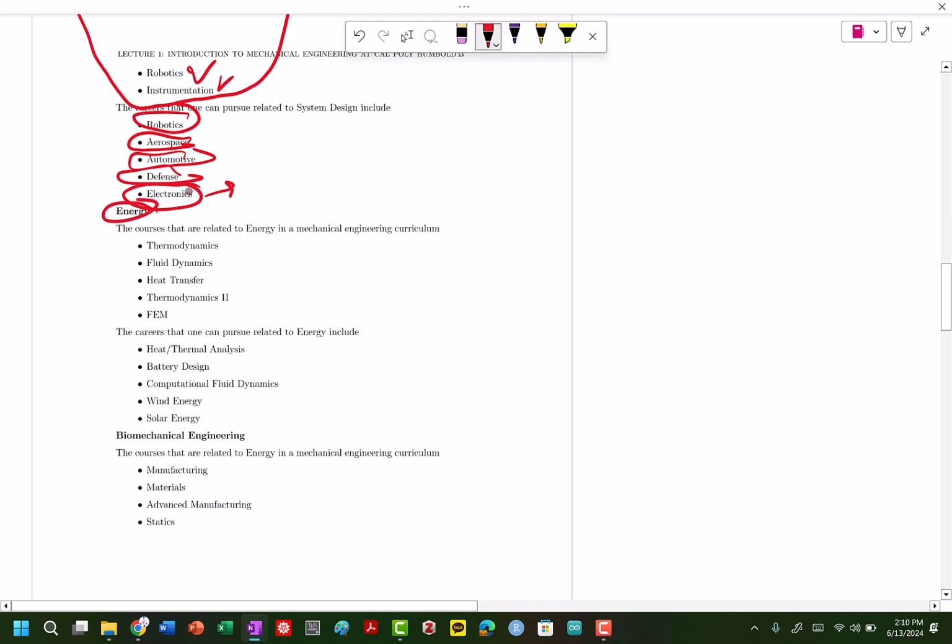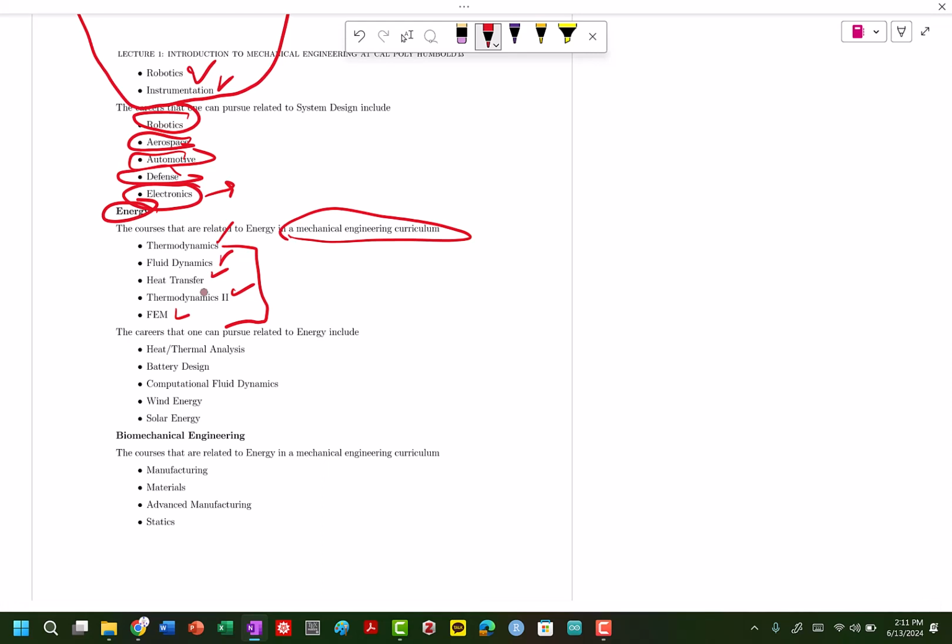The next subdiscipline is energy. Now, we have at Cal Poly Humboldt an energy systems engineering degree. However, there are a lot of mechanical engineers that work in industry, in energy, and these fundamental courses, thermodynamics, fluid dynamics, heat transfer, thermo 2, finite element, are really critical courses related to the broad field of energy.